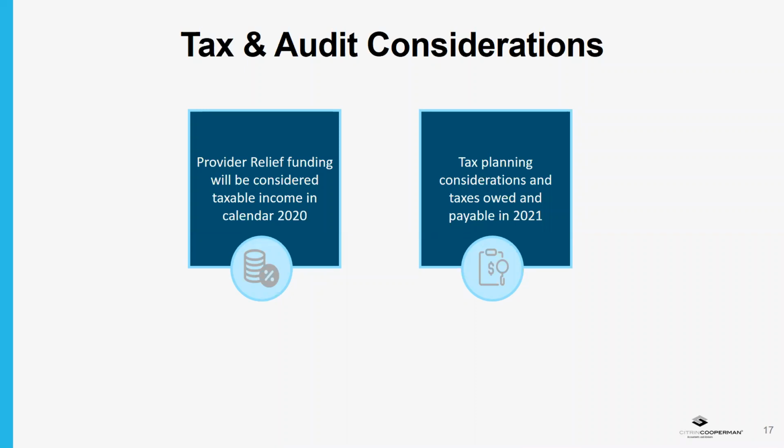It's similar to the PPP loans, where the PPP loan expenses are not going to be deductible. Here, these grant funds will be taxable. So what does that all mean? Well, for most entities, you probably have paid in enough or will pay in enough in 2020 based on 2019. So the tax liability issue is really going to be April of 2021.